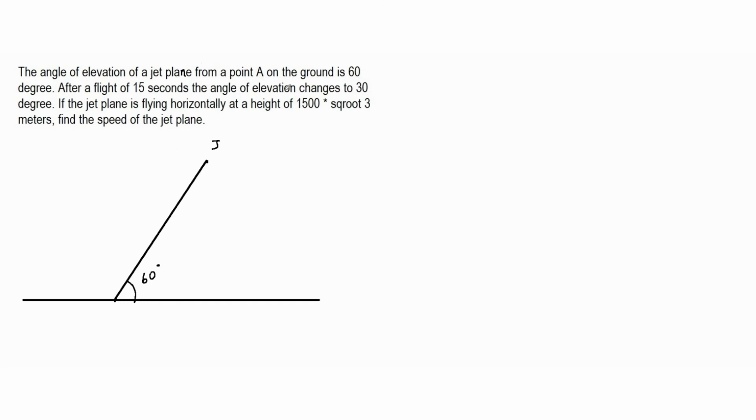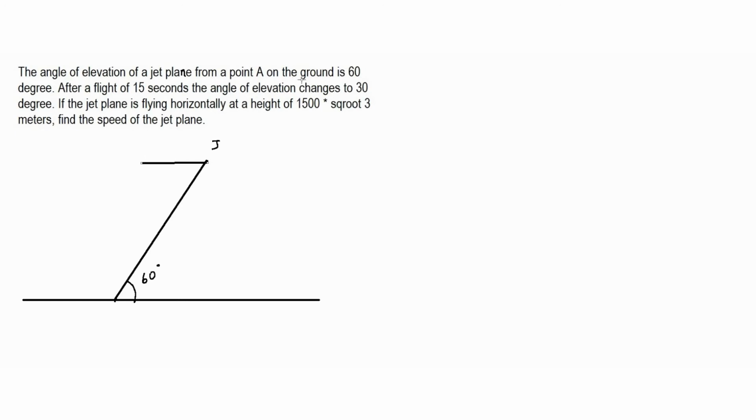After a flight of 15 seconds, the angle of elevation changes to 30 degrees. So again, we now need to think about, is the plane going towards the right or is the plane going towards the left? If the plane moves towards the left, the angle of inclination or angle of elevation has to increase. But we notice that the angle of elevation is actually decreasing in this question.